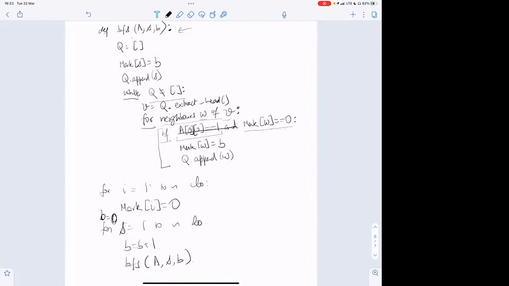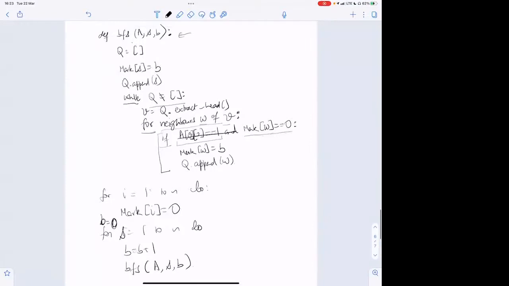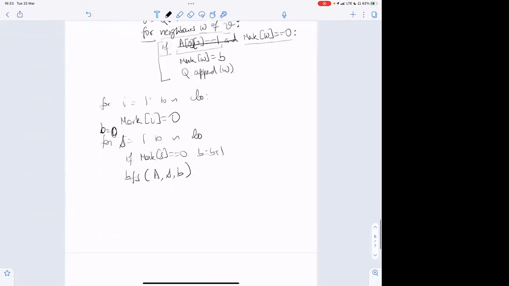In BFS before marking s, so in between the second and third lines. Oh, okay. Yes. I mean, that will not affect the correctness, but you are correct. If mark s equal to 0, B is equal to B plus 1, correct?